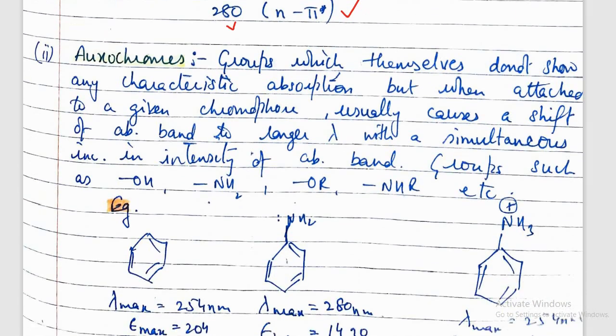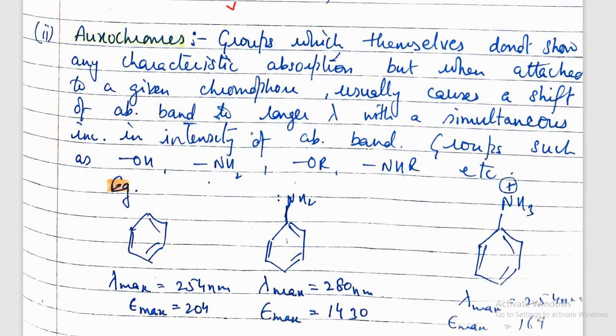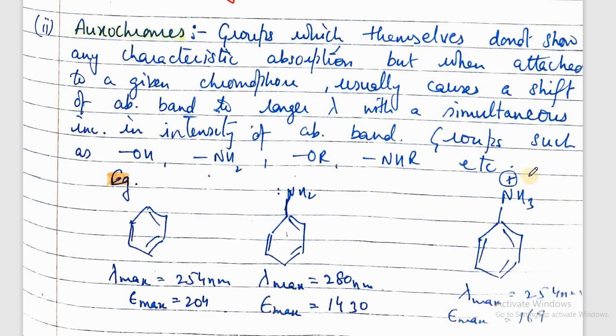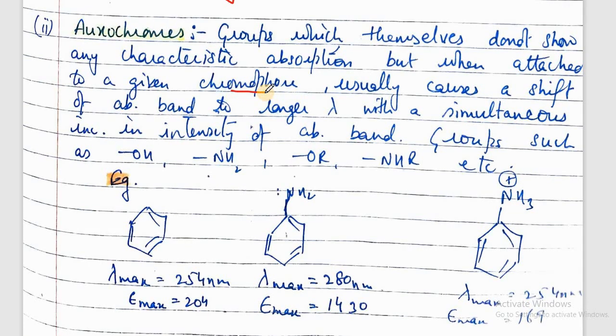So next is auxochromes. What are auxochromes? Auxochromes are the groups which independently do not impart any color to the compound, but along with a chromophore they deepen its effect, or cause a shift of the absorption band to longer wavelength with a simultaneous increase in intensity of the absorption band.